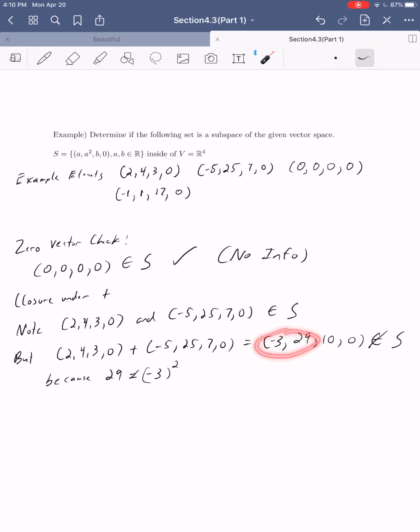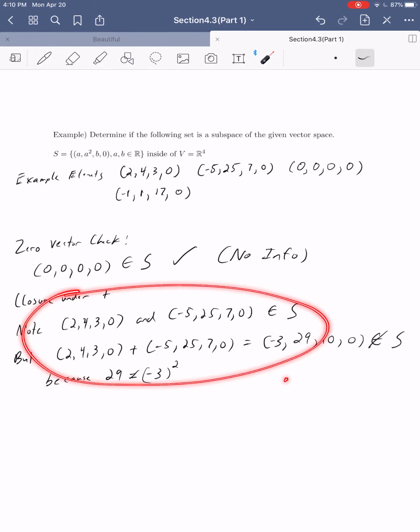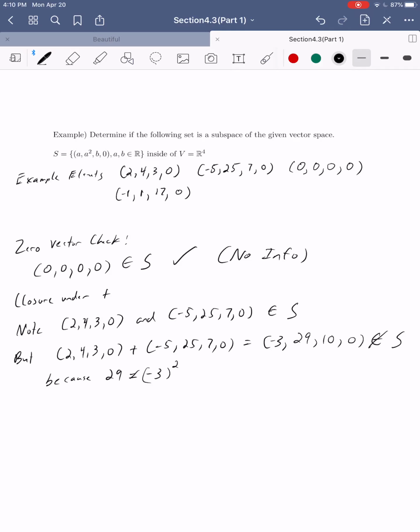This restriction that the first component can be anything, but the second component has to be its squared is not going to be satisfied. So this guy fails under closure, under addition. So S is not a subspace.